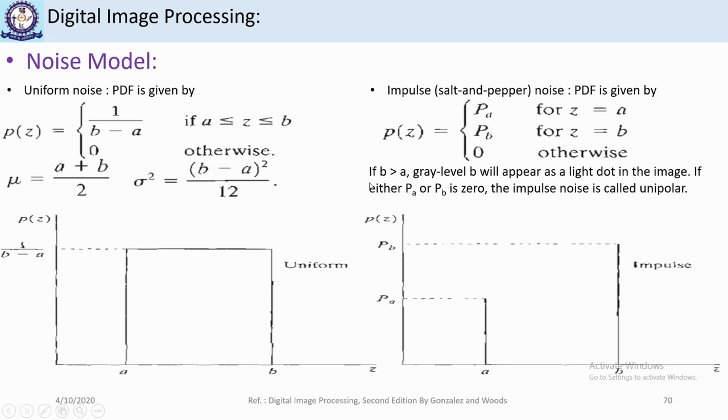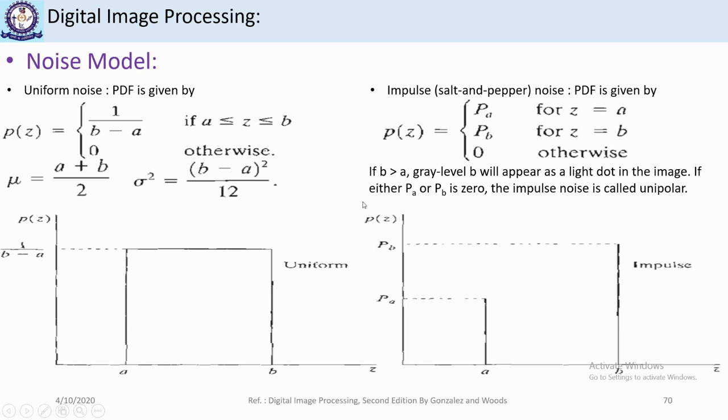Now, since we know that salt and pepper noise will have black and white dots, if b is greater than a, then gray level b will appear as a white dot in the image, and a will appear as a black dot in the image.